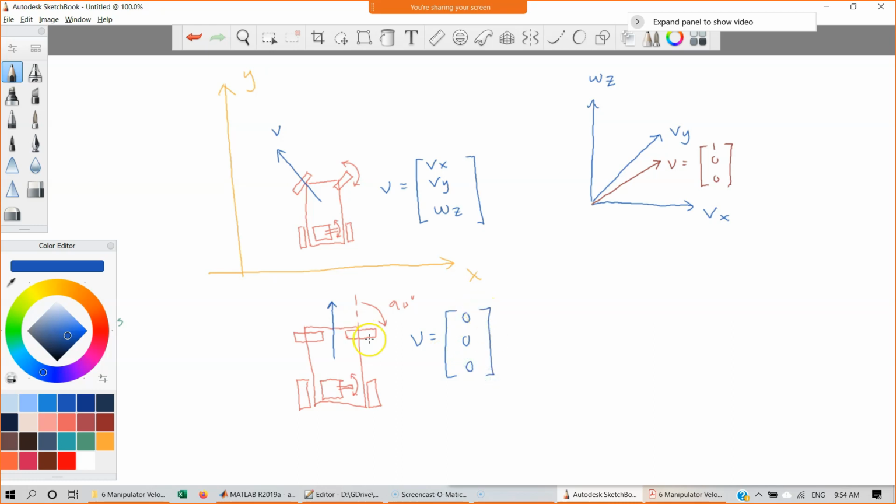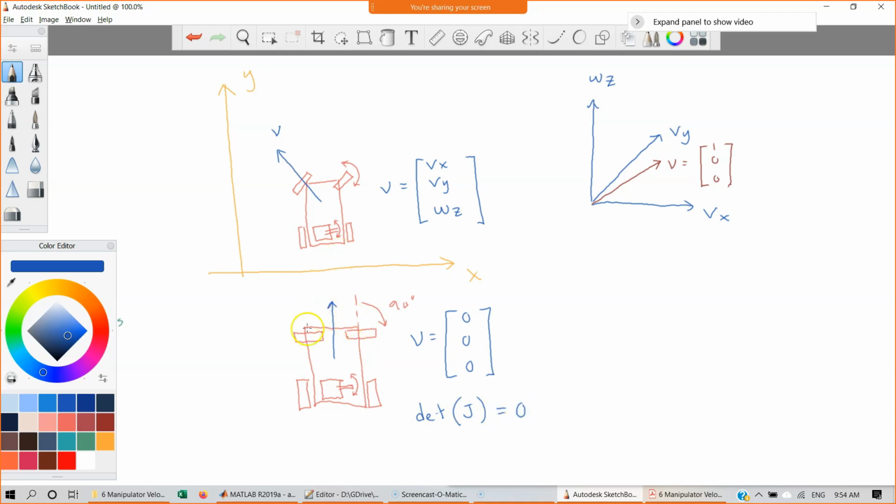Okay, so this is the case where I say the determinant of the Jacobian will become zero. If you perform a calculation, you will get the determinant of this Jacobian will be 0.